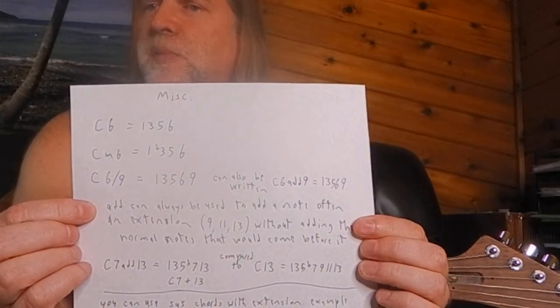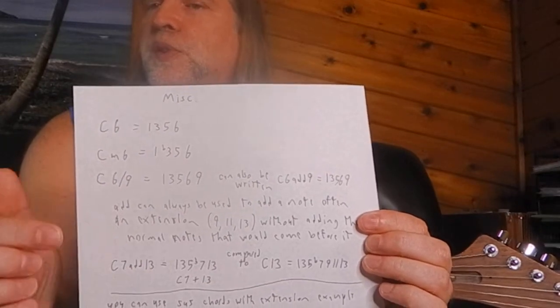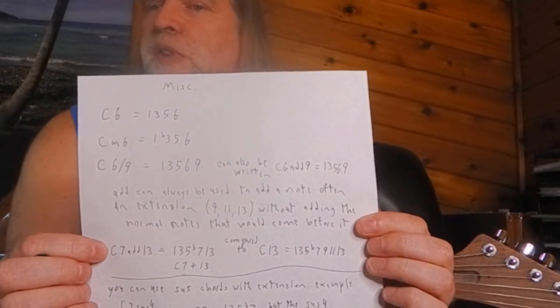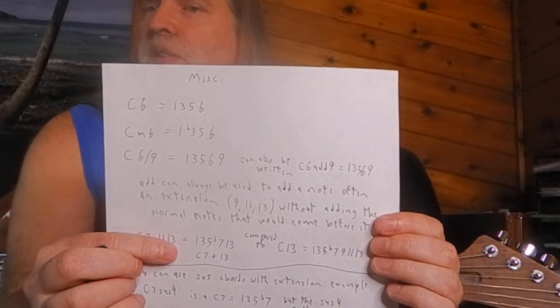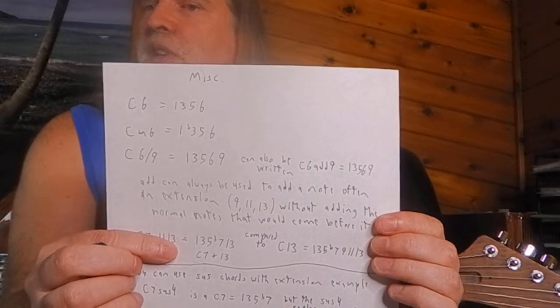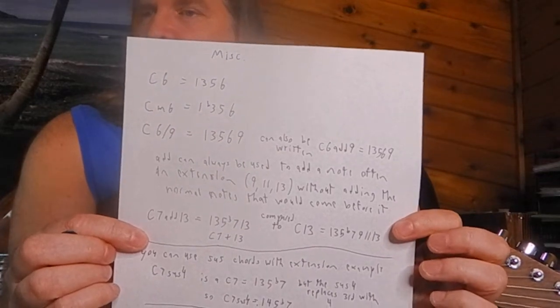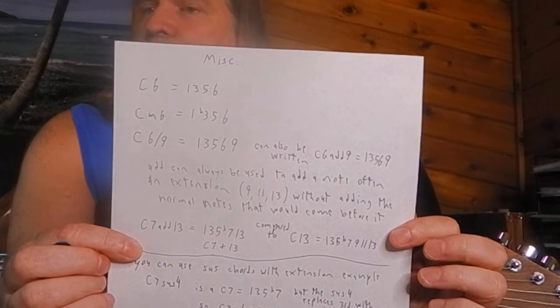Because again, adds can be used any time you don't want to have the full list of extensions added, the 9, 11, 13. So for example, a C7 add 13 is a C7 chord, 1, 3, 5, flat 7, and they're adding the 13. Compared to a C13 chord, where you'd have the 7, but you'd also have the 9 and 11 being added.